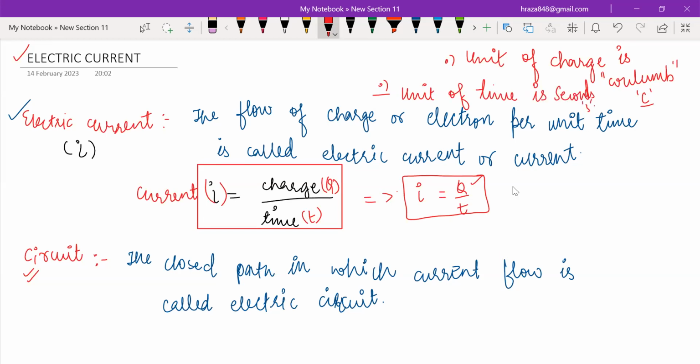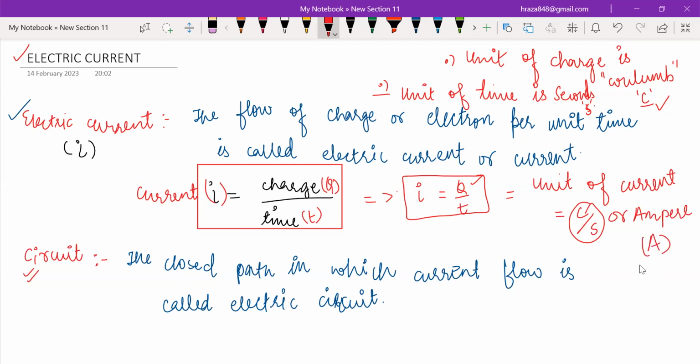So the unit of current: this is your capital C, this is your small s. Unit of current will be coulomb per second, and we call it ampere, to honor the scientist Ampere.